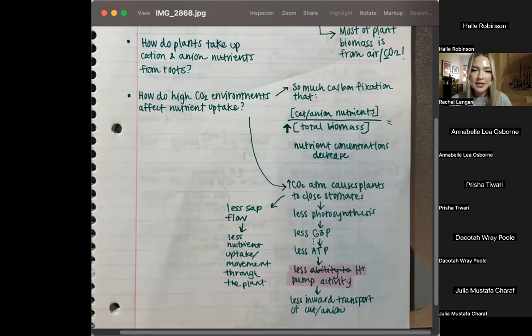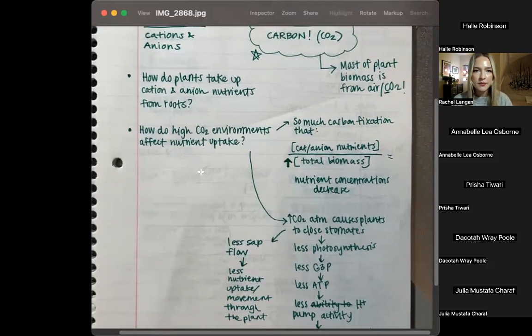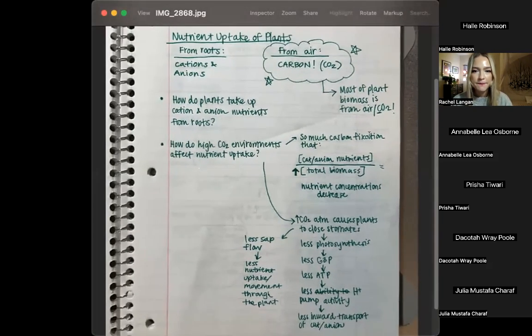So if you have less ATP, you're going to do less transport of cations and anions into the roots. All right, questions on this so far? Cool.